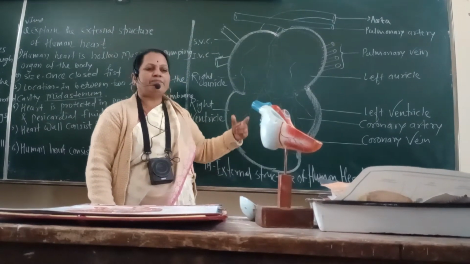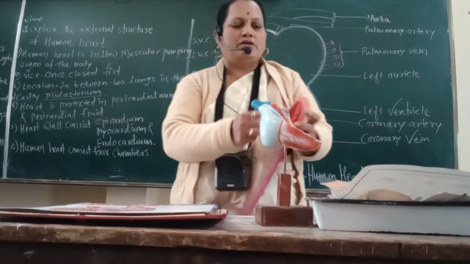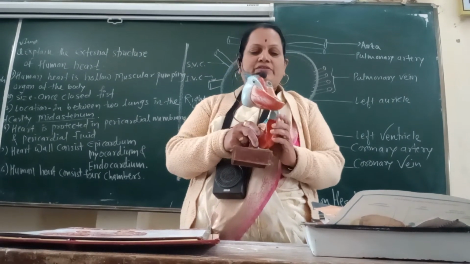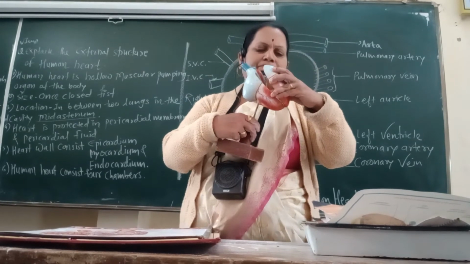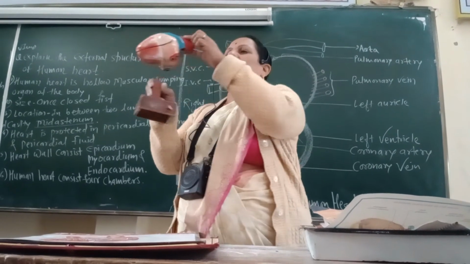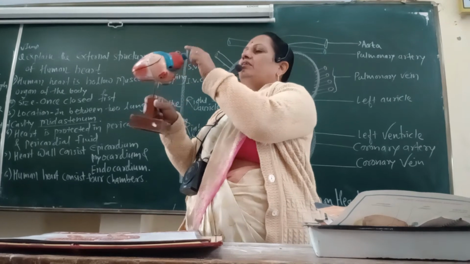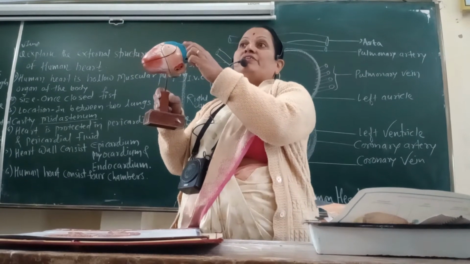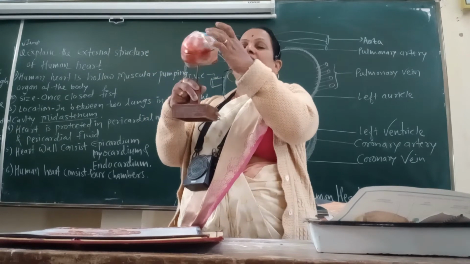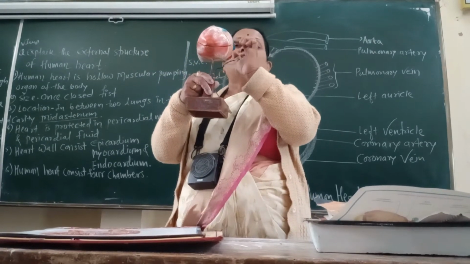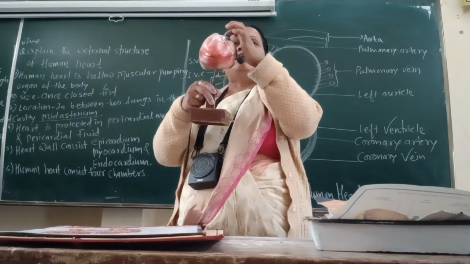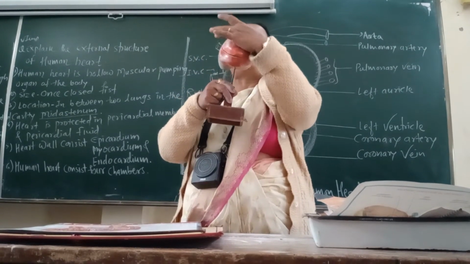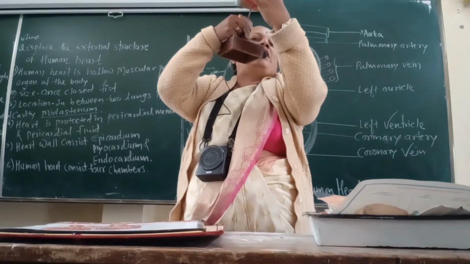Look here, the wall of the human heart is supplied with oxygenated blood. Actually, the aorta is red colored and the artery blue colored. Here is the main aorta which supplies pure blood to the body, and immediately from the aorta, the coronary sinus and coronary artery supply pure blood to the wall of the heart.